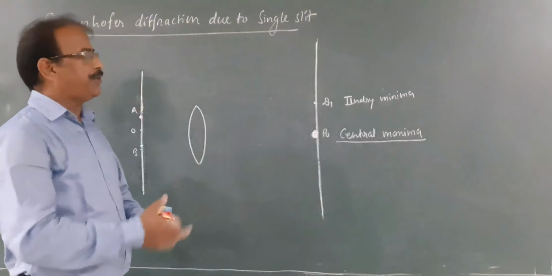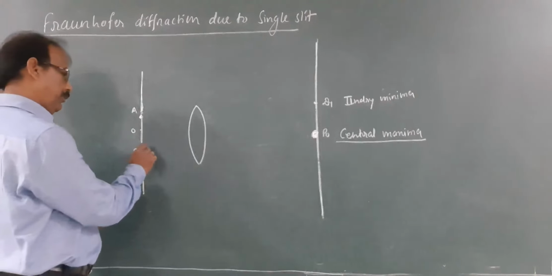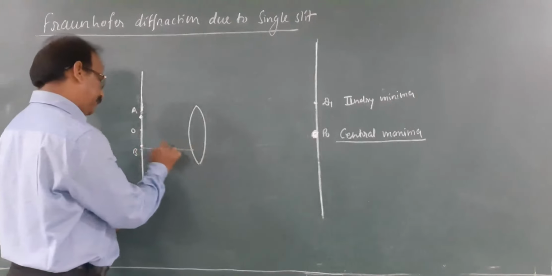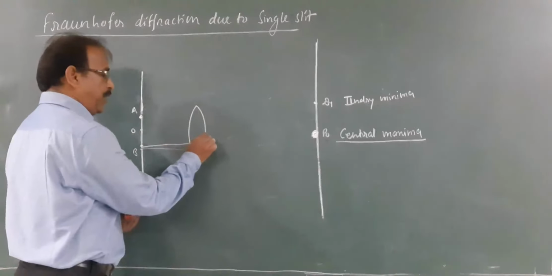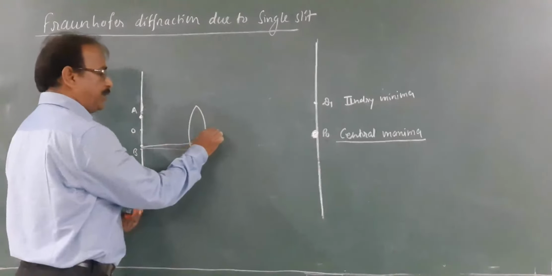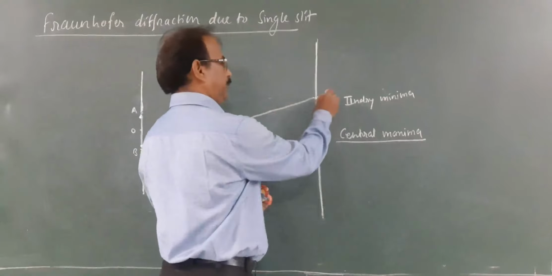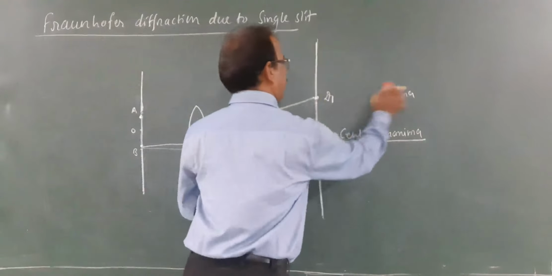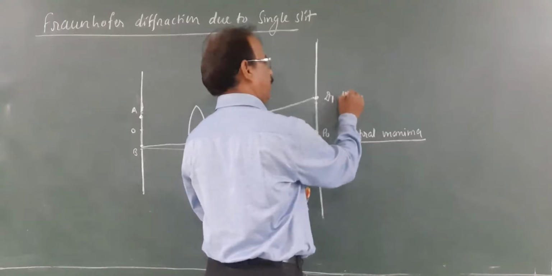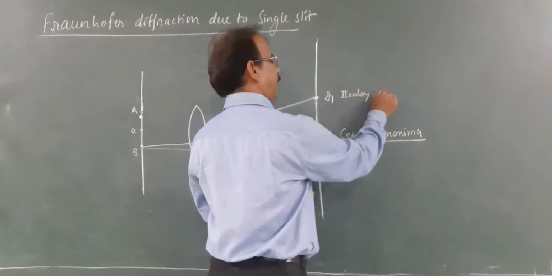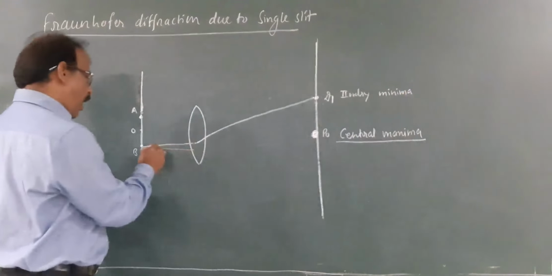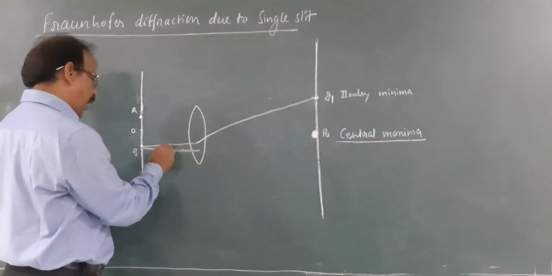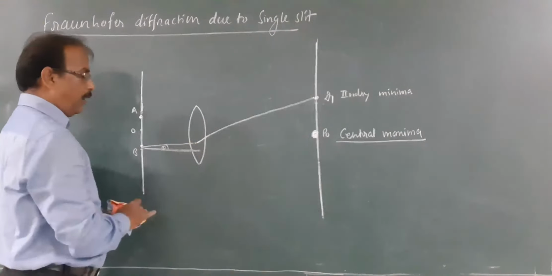How to explain the formation of secondary minima? Suppose that the wave that reaches from point P at this point T1, which is our first secondary minima, makes an angle theta with this horizontal direction.